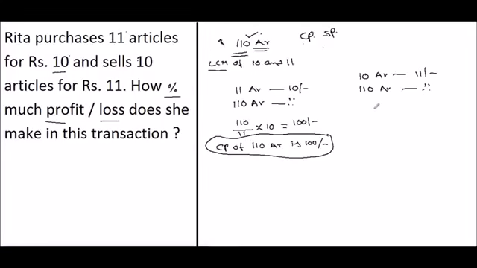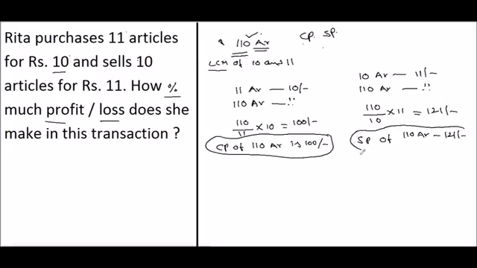Now I get the selling price of 110 articles. Now 110 by 10 into 11. Simplify this one, you will get 121. Now I found out the selling price of 110 articles is equal to 121 rupees.